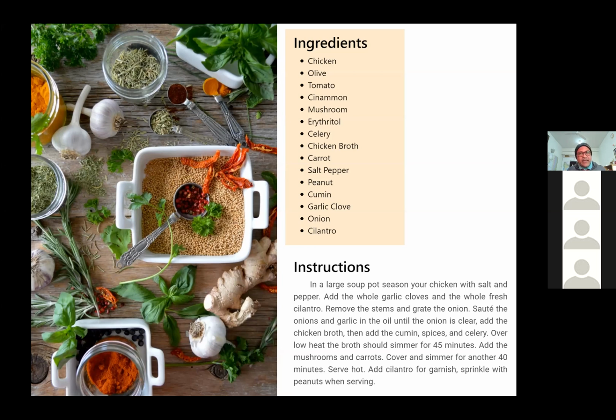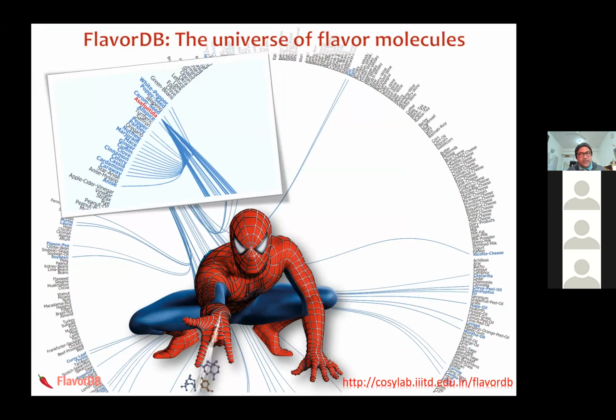The second dimension that I'm going to tell you about as I move towards the end of my talk is that of the flavor molecules. Until 2015 or 16, the data of flavor molecules was absolutely scattered.